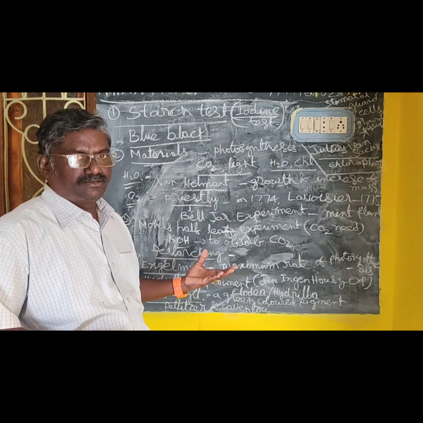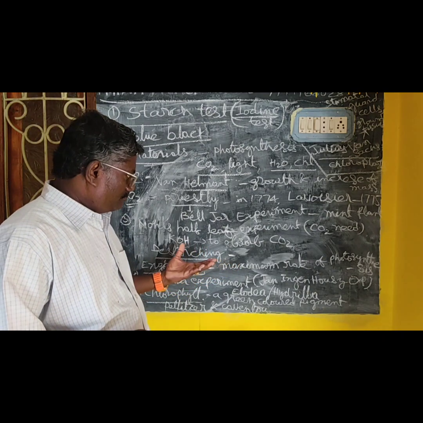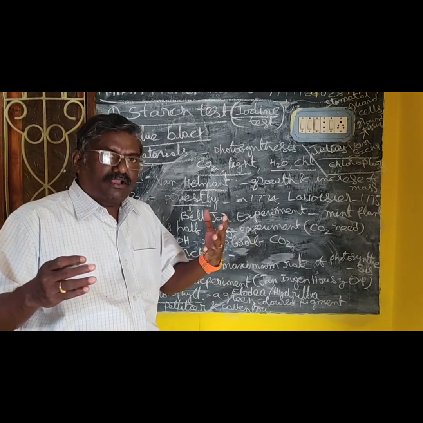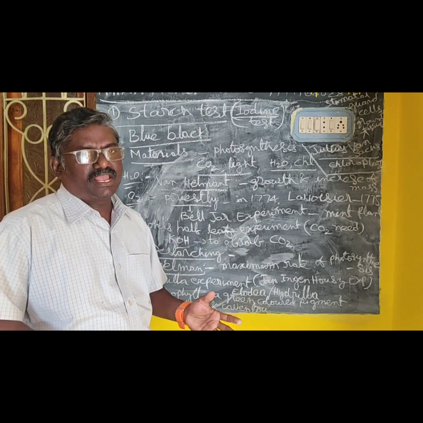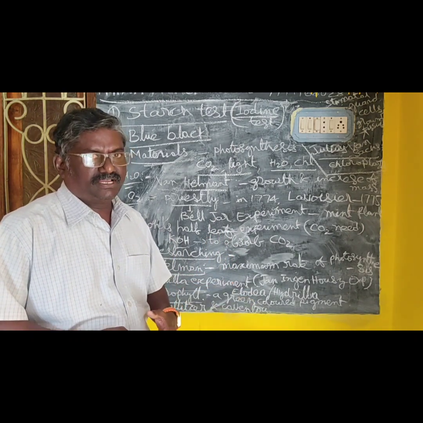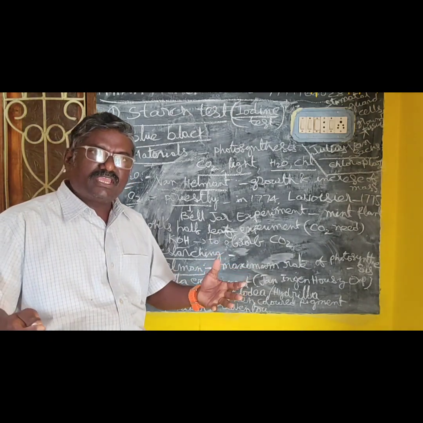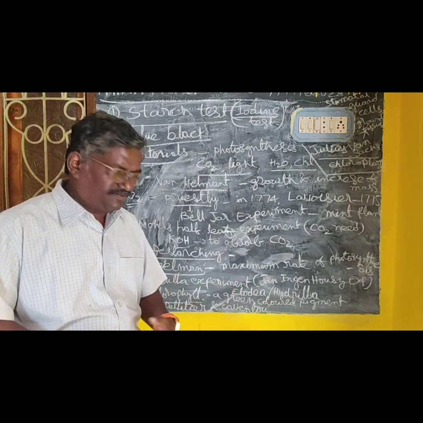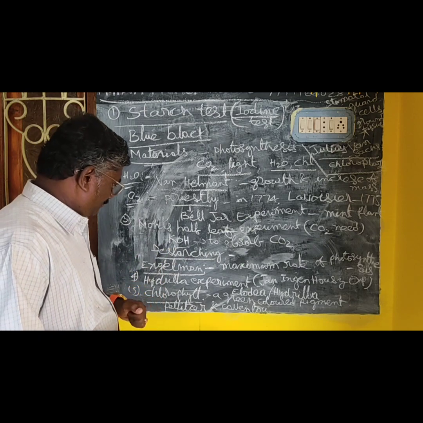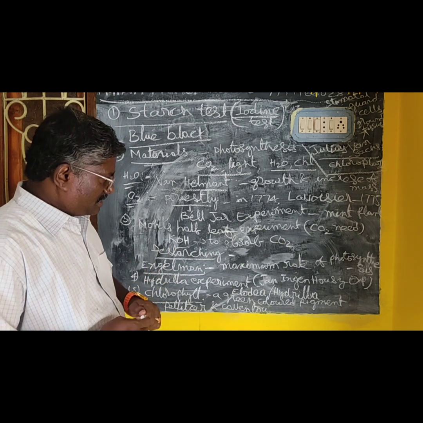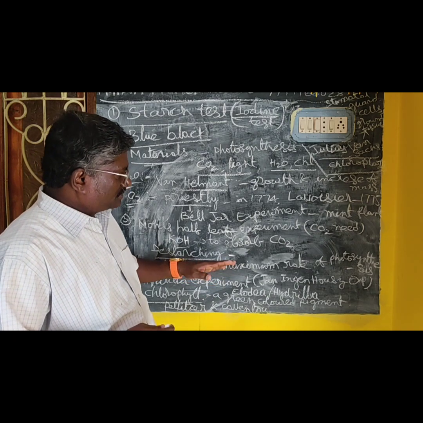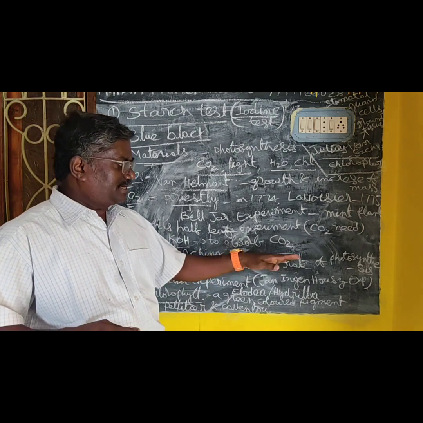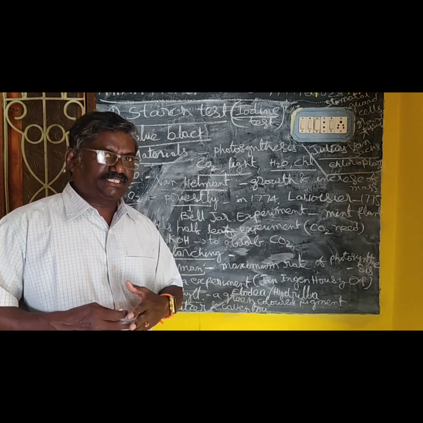Destarching: we have to keep the plant in a dark place for a week to remove the starch from the leaves. Engelmann found the maximum rate of photosynthesis.